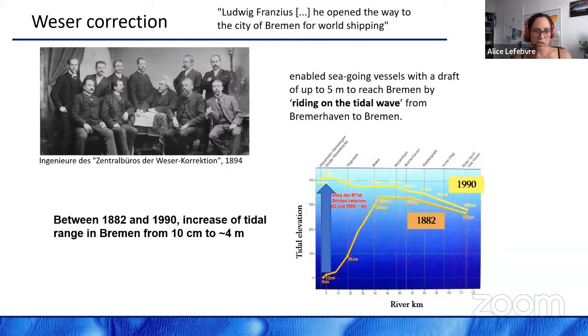And what the Weser correction did was to remove all that part where the tidal wave was being slowed down.